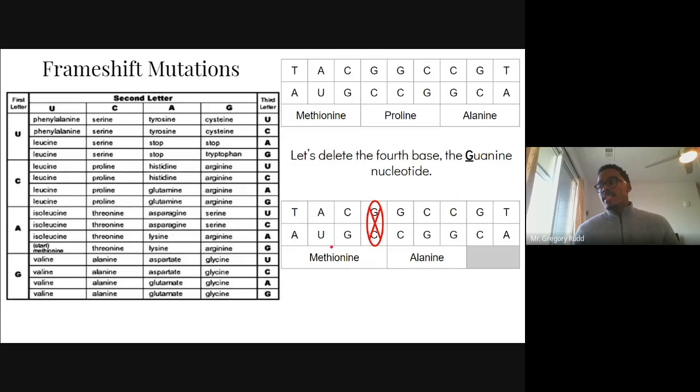So methionine is still the same. I still had AUG because that happened before the point of deletion. But then after that, instead of having CCG as my codon, I had CGG. So instead of getting proline, I end up with alanine. And then what happens after that? I should have GCA as my next codon, but instead I have CA, something else over here.